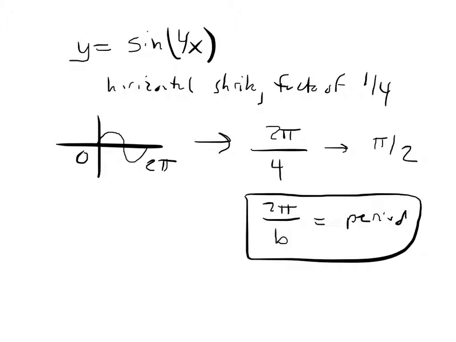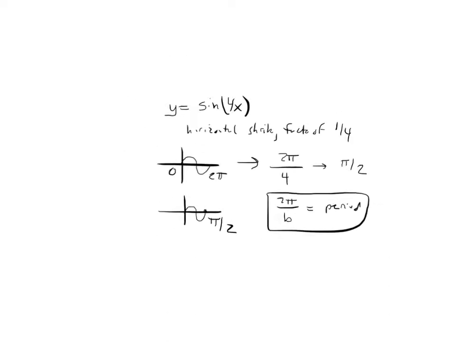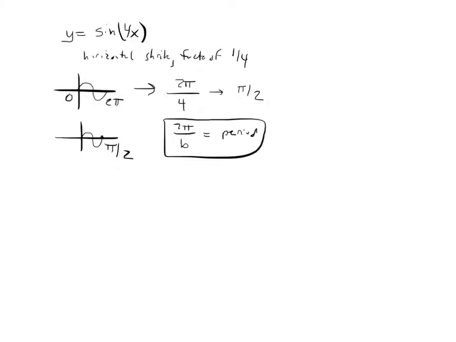So my graph then I know is going to go from 0 and it will complete a full period by pi over 2. There's another way I can look at that. I know that if what's in parentheses here is 0, that would be the start of a period. Sine of 0 would be my start of a period.